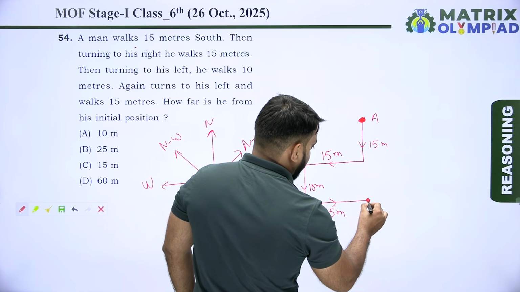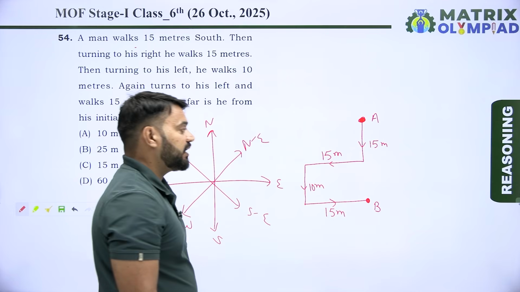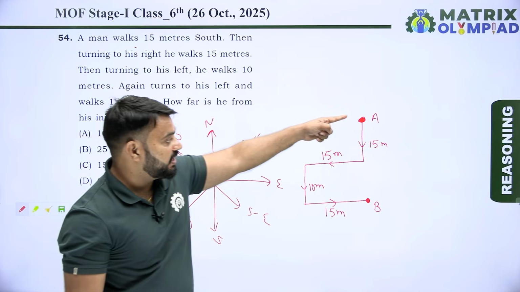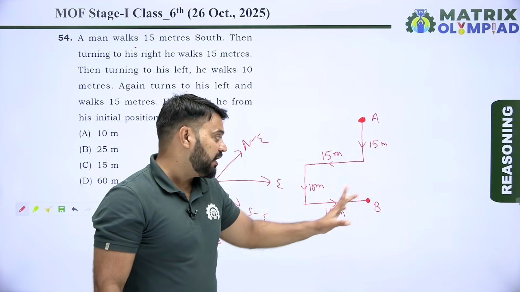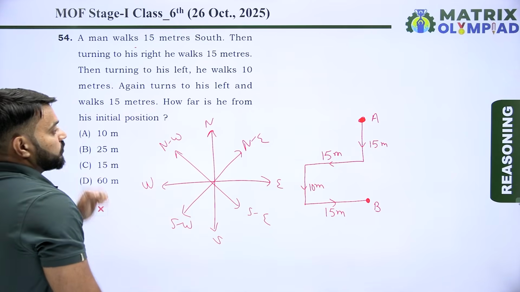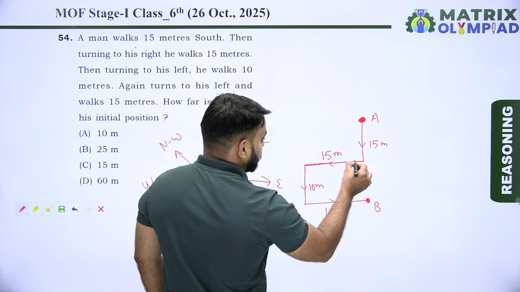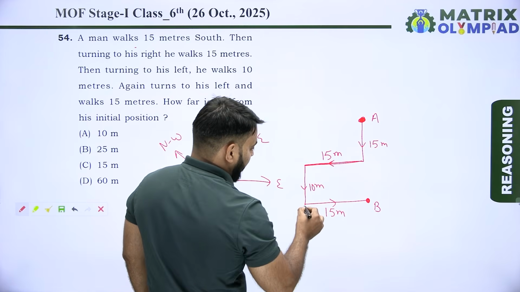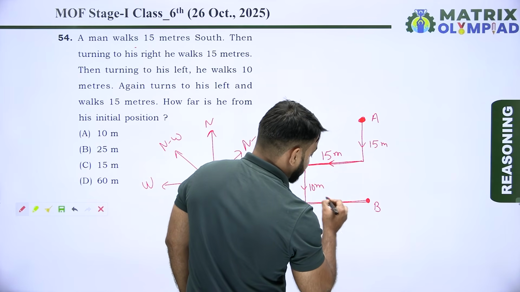This is the end point of the man, and this is the initial point of the man. Now find the distance between A and B, the distance between initial point and end point. So this man moves 15 meters in this direction, and 15 meters in this direction too.